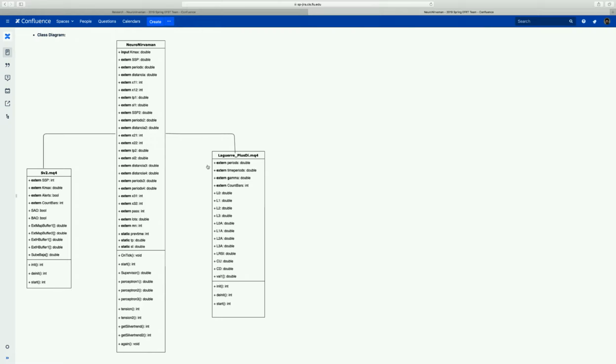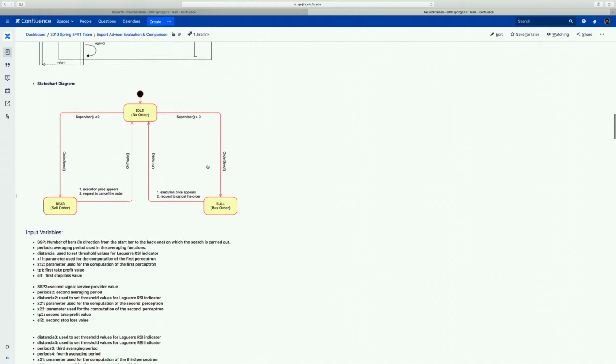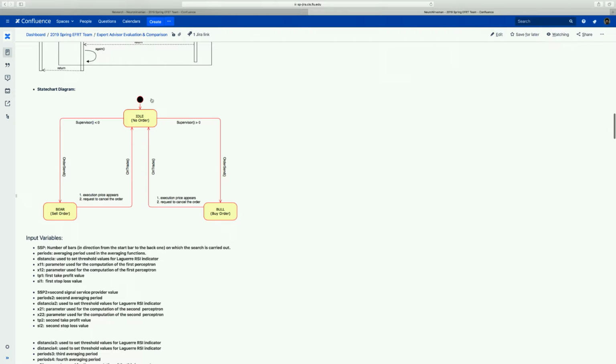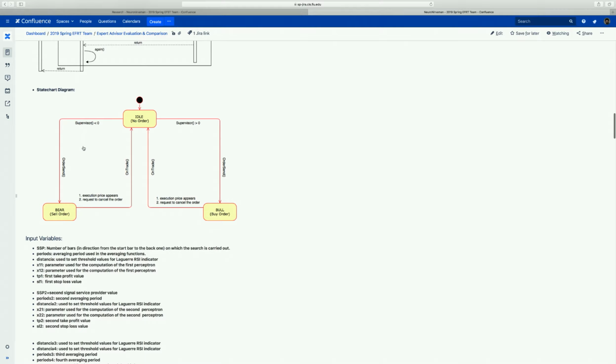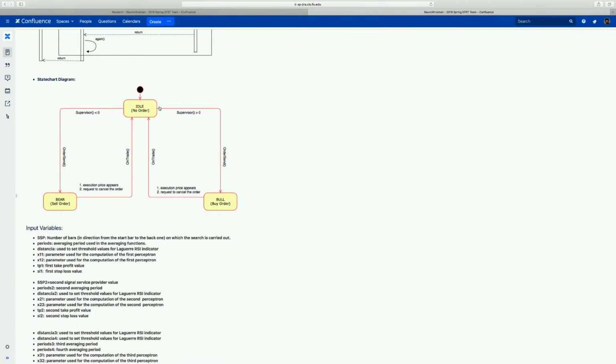Before I move on to talking about the code, I want to do a recap of the state chart diagram. This is the entire process of Neuronirvaman. Basically, it calls the function supervisor, and based on the value of supervisor, we either place a sell order or a buy order.